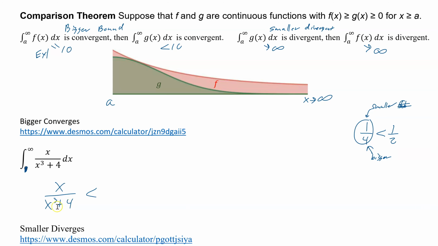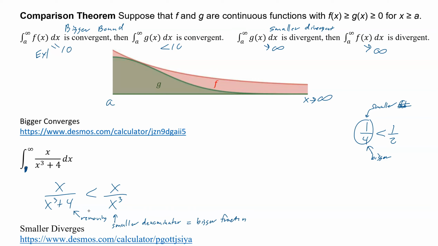So if we were to get rid of the 4, we are in a sense making it bigger because we're making the denominator smaller. So by removing this, we are making the denominator smaller, thereby making the entire fraction bigger, right? Smaller denominator, bigger fraction.